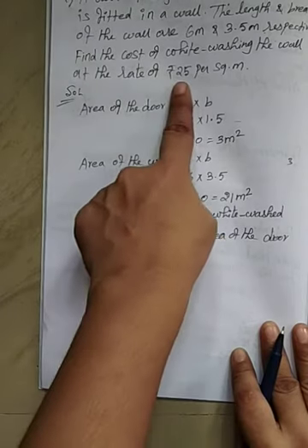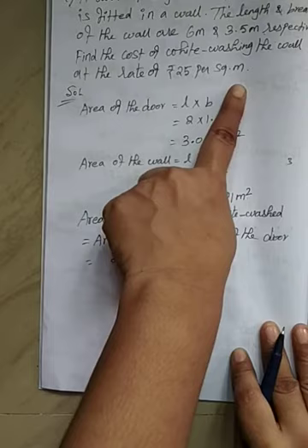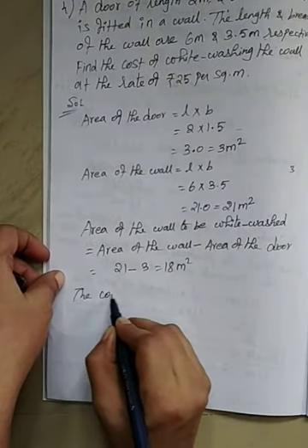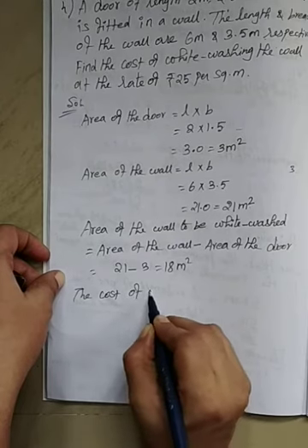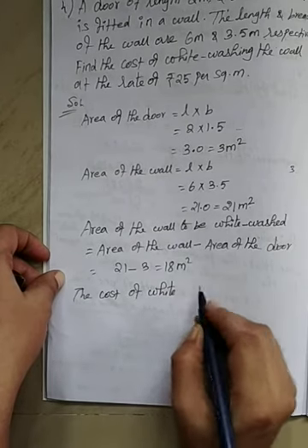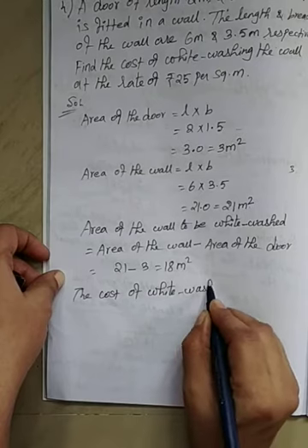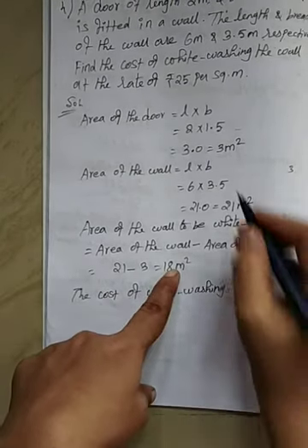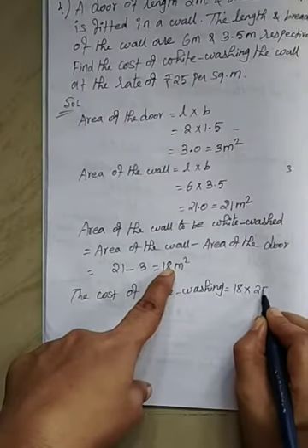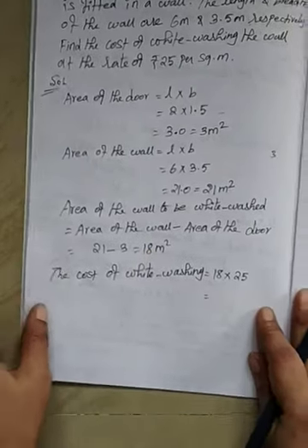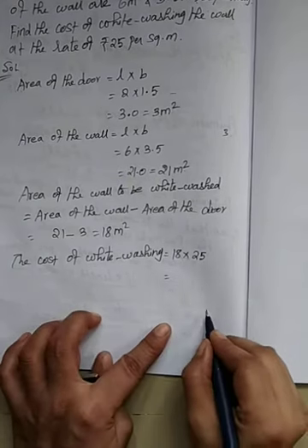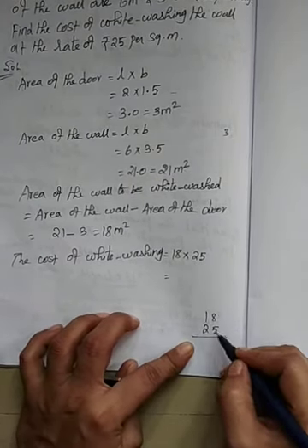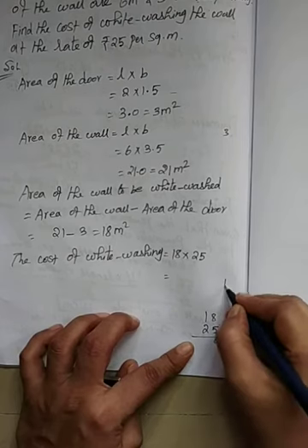Now at the rate of rupees 25 per square meter. So therefore you have to find the cost of whitewashing equal to this 18 into 25. See here, what will you get? 18 into 25. See the multiplication. 8 5s are 40, remainder 4.